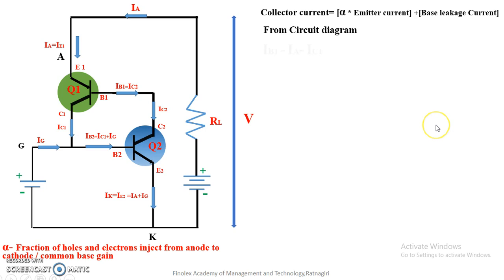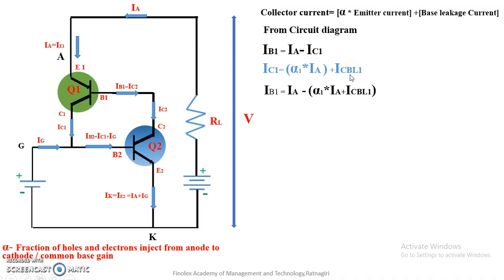Similarly, from the circuit diagram we derive IB1, the base current of the first transistor, is equal to the anode current minus IC1, that is, this current minus IC1 is equal to the base current. So the collector current of the first transistor is given by alpha 1 times the emitter current, which is the anode current here, plus ICBO1, the base leakage current of transistor 1.